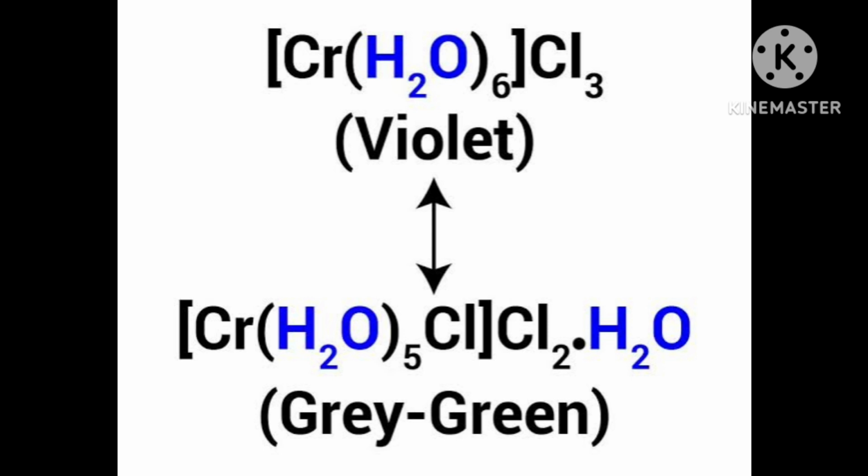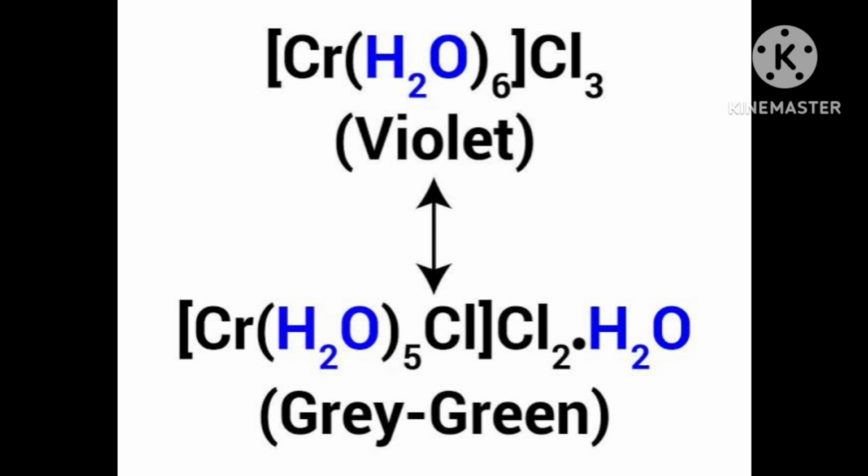Solvate isomers differ by whether or not a solvent molecule is directly bonded to the metal ion or merely present as free solvent molecules in the crystal lattice. Now by example it will be clear.